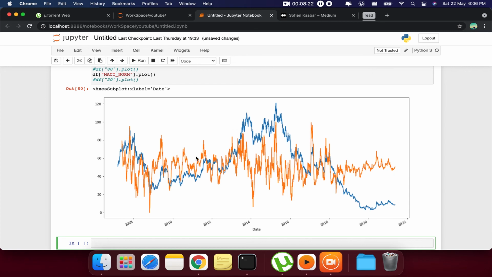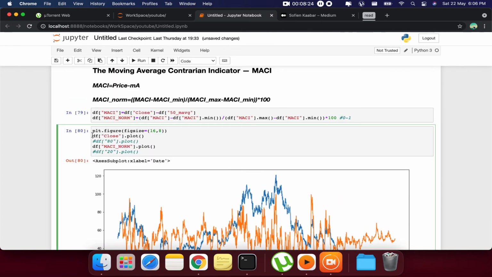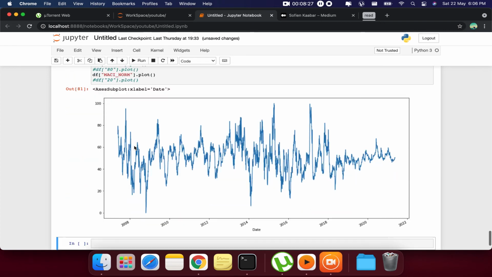Now the MACI line, from the first glance, is not really a very good indicator of trend. If it is a long running trend, then it is much more difficult to spot. If you have a short term view, it might be much more easily viewable.